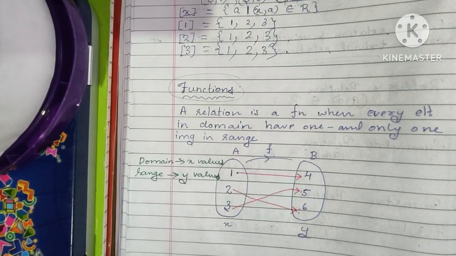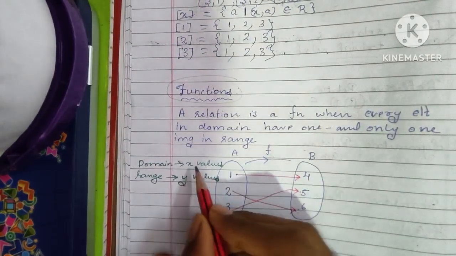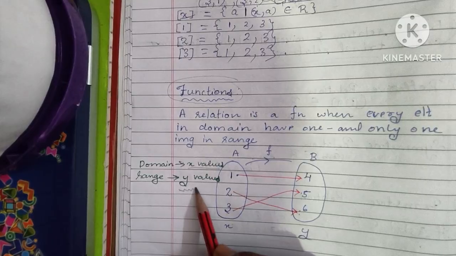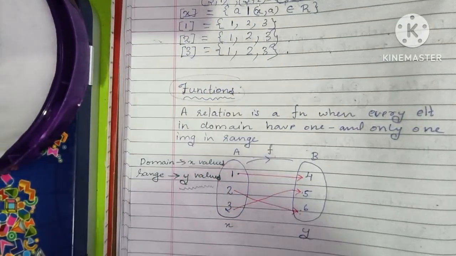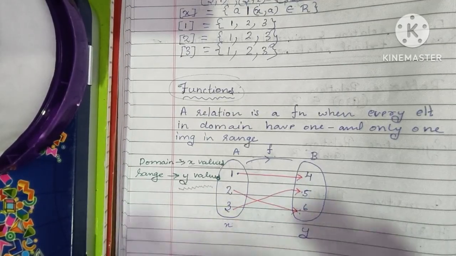To make it easy to understand, domain means the x values that we substitute in the function. Range means the output values we get when we substitute some value x inside the function. So you have to consider the domain of the function as a house. Okay, got the point. The house has only one main door.